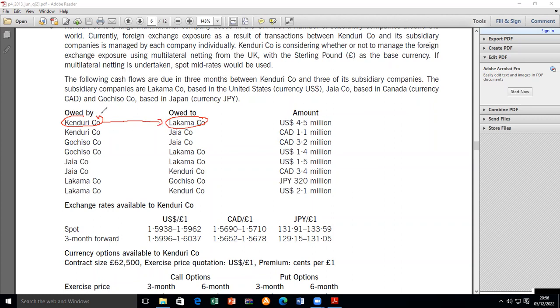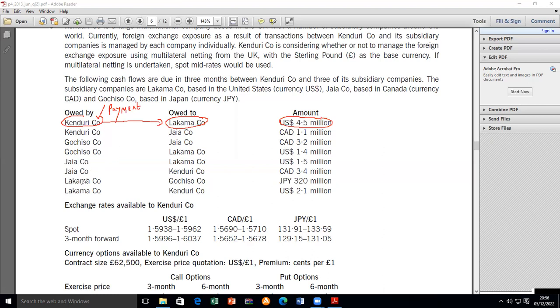So our advice, as we're advising K, so that's our focus. So K has to pay. They have to make a payment here. Of how much? $4.5 million.